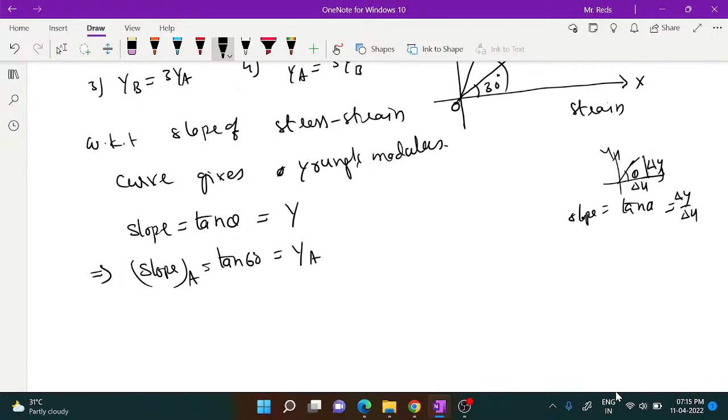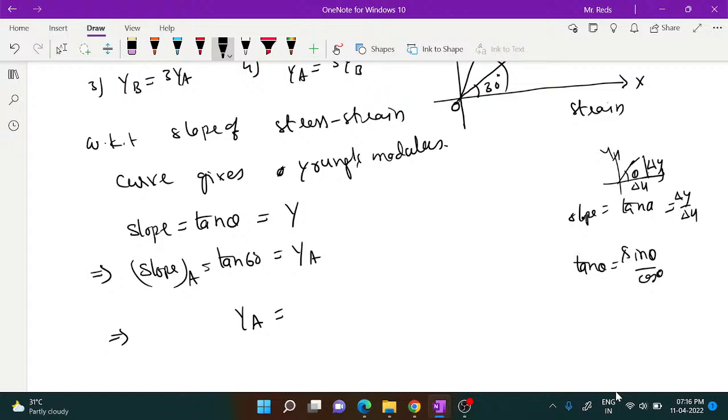So this implies YA is equal to tan 60. What is tan 60? Tan theta can also be expressed as sin theta by cos theta. If you remember directly, tan 60 means sin 60 by cos 60.